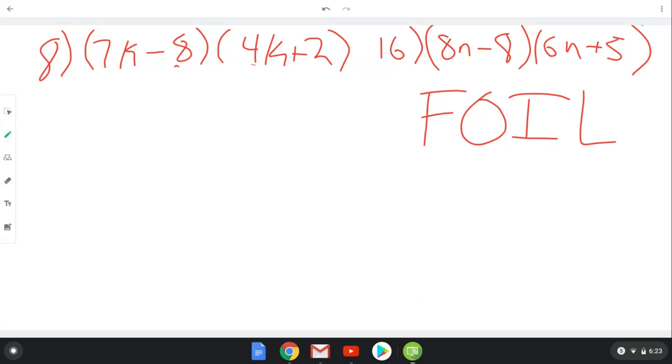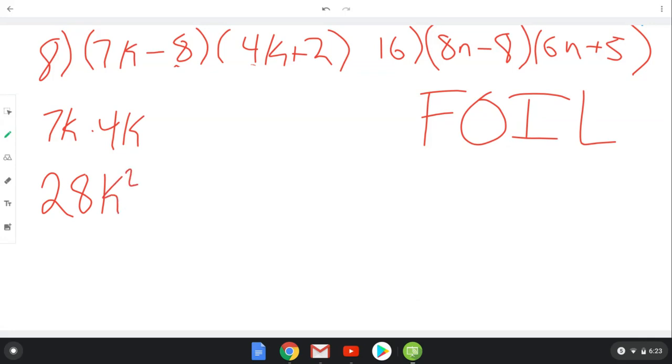So the first part is we multiply the two front pieces together. So we're going to do 7k times 4k, right? So we're going to have 7 times 4, that's 28. And k times k is k squared.